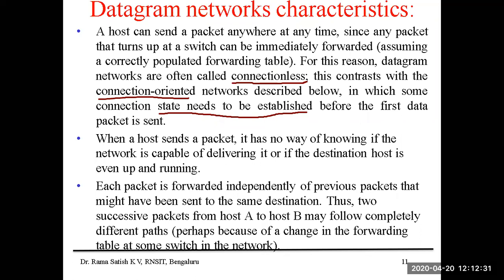Thus two successive packets from host A to host B may follow completely different paths, perhaps because of a change in the forwarding table, a change in the link, a change in the network, or a change in a switch.